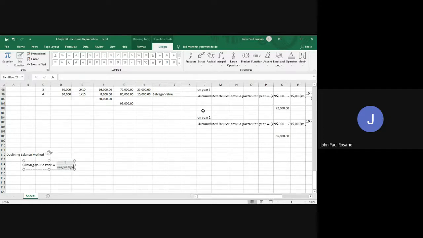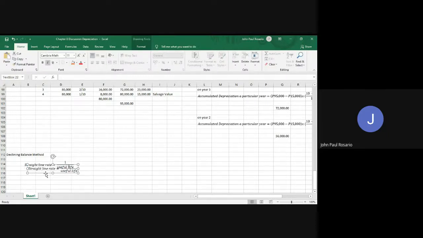And your depreciation rate per year will be what you call your declining balance rate. This is the correct term. Your declining balance rate is equal to your straight line rate multiplied by your multiple.